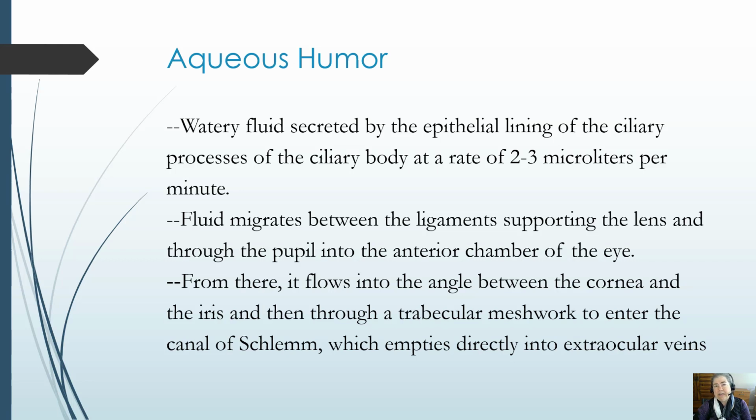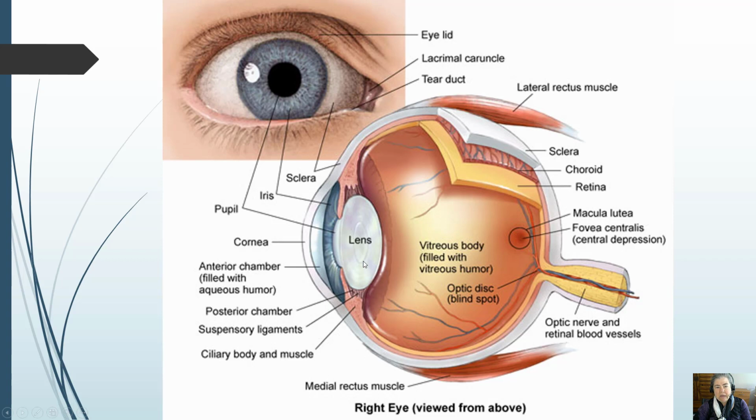It's important to understand the aqueous humor, which is this watery fluid in the anterior and posterior chambers, surrounding the iris and in touch with the lens.